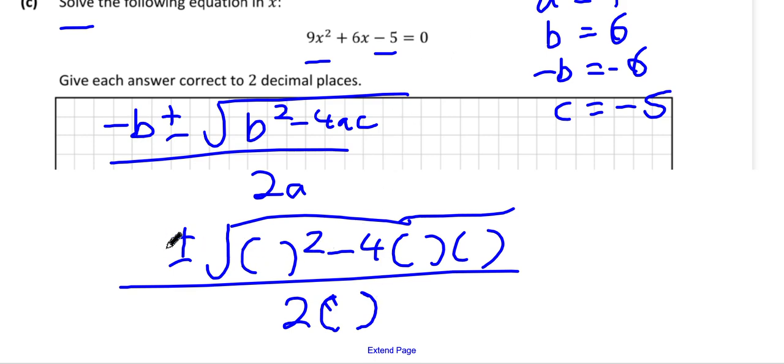So did we get minus 6? 6. A is 9. C is minus 5. Okay, we'll verify it now in a second.